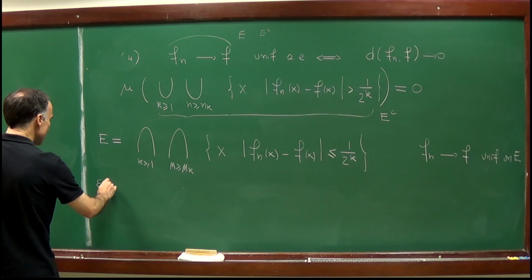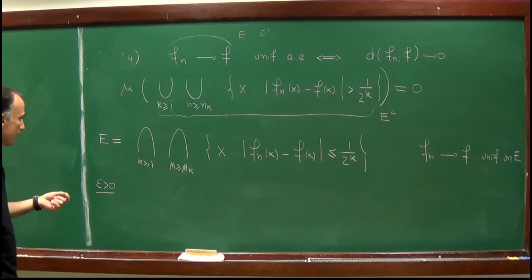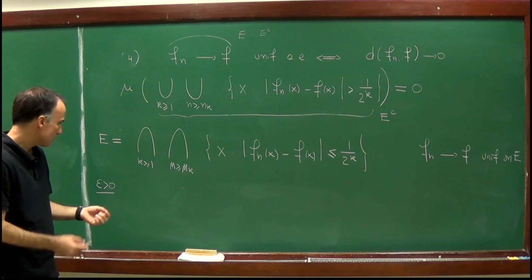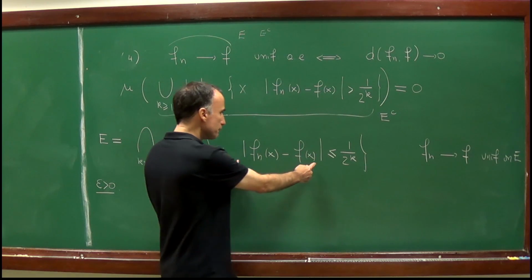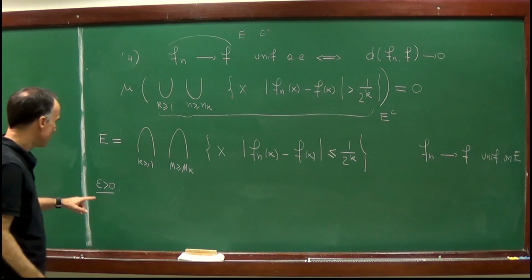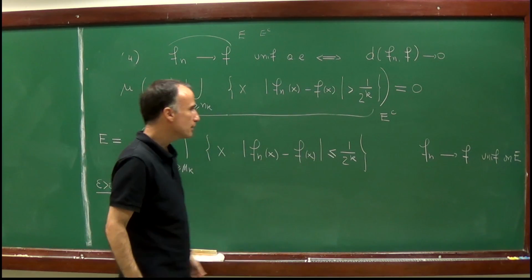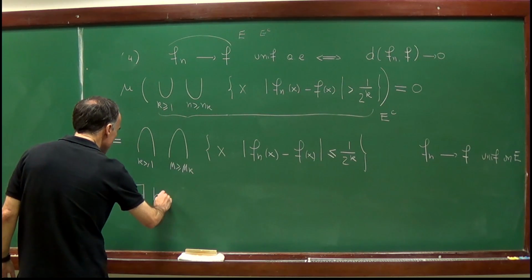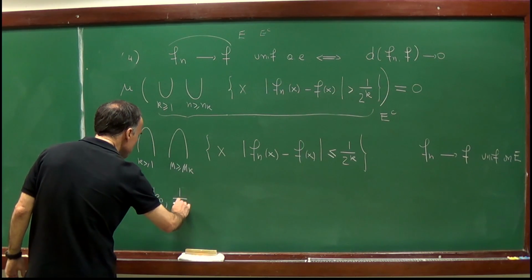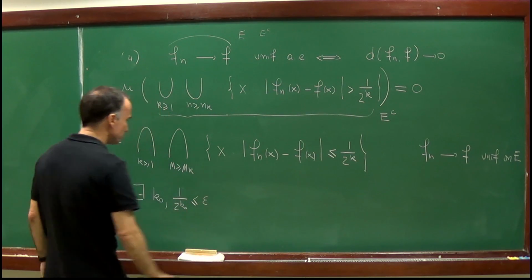So to prove that, let's fix some epsilon positive, and I need to find one n0 such that for all n larger than n0 and for all x in E, this difference is bounded by epsilon. So 1 over 2k is converging to 0, so there exists a k0 such that 1 over 2k0 is smaller than epsilon.